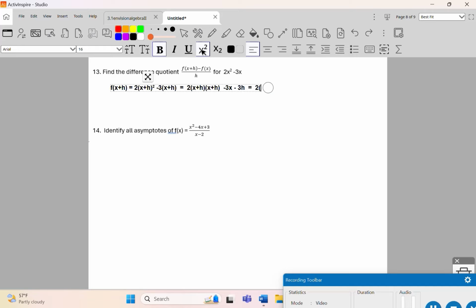X plus h times x plus h is x to the second plus 2xh plus h squared. And let's see, we still have the minus 3x minus 3h. We're going to clean that up.